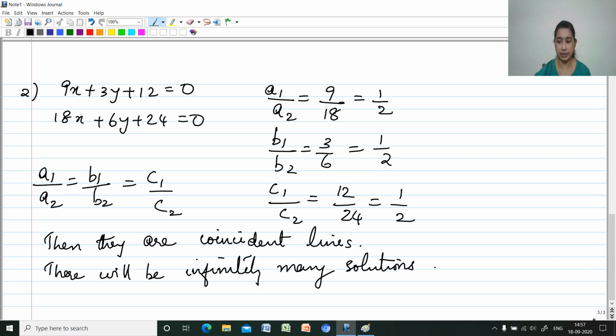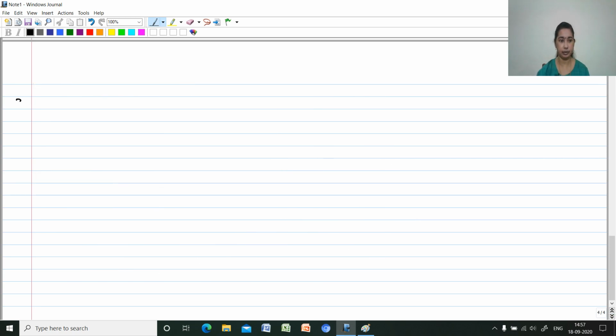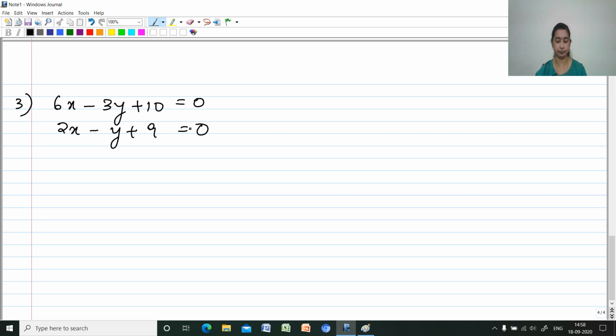Then the third question. The third one is 6x minus 3y plus 10 equal to 0, then 2x minus y plus 9 equal to 0. Again we can compare: a1 by a2 is 6 by 2, that is 3. b1 by b2 is again 3, because minus 3 by minus 1 is 3. Whereas c1 by c2 is equal to 10 by 9.